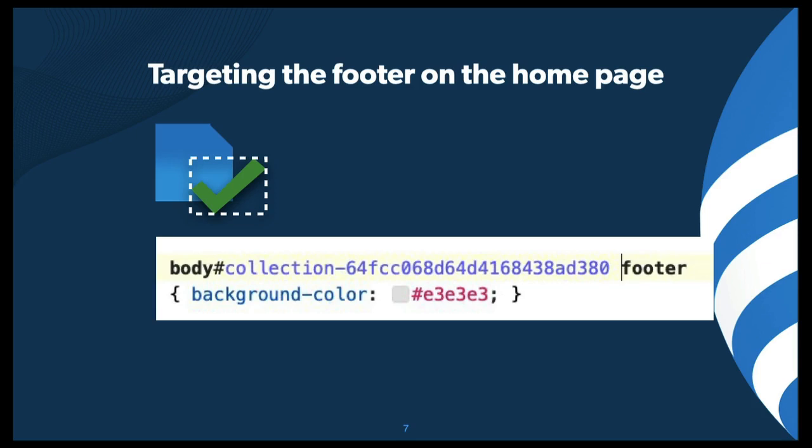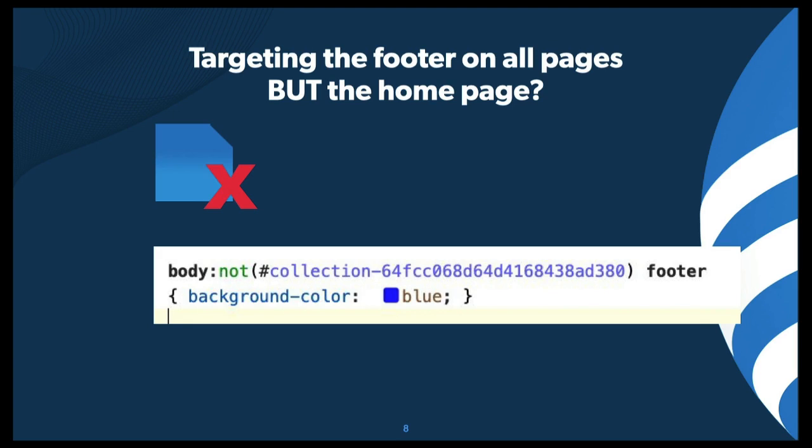So let's say we wanted to target the footer on the home page. Again, very similar code. We've just got the body, then the hash, and then the collection ID. And then we're targeting the footer with a different background color. And very similar once again, to target every page but the home page and target the footer is body not, and then the hashtag and the ID of that home page.